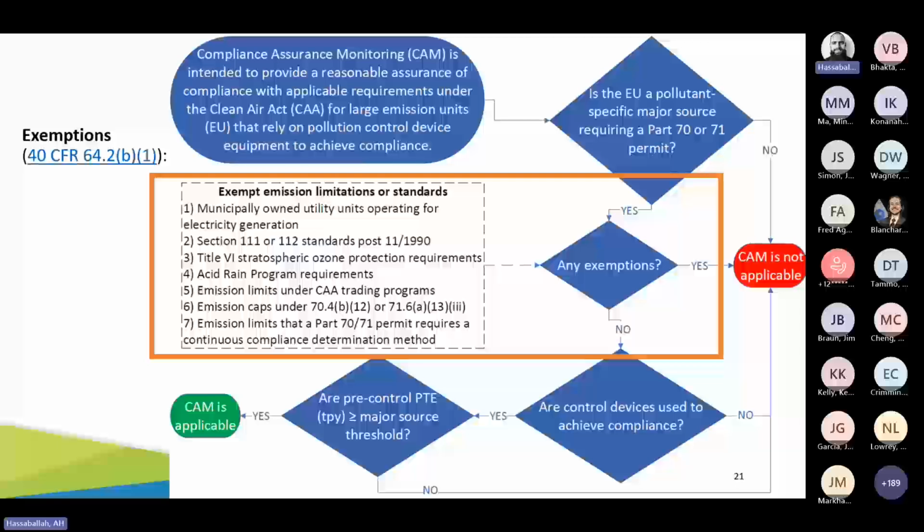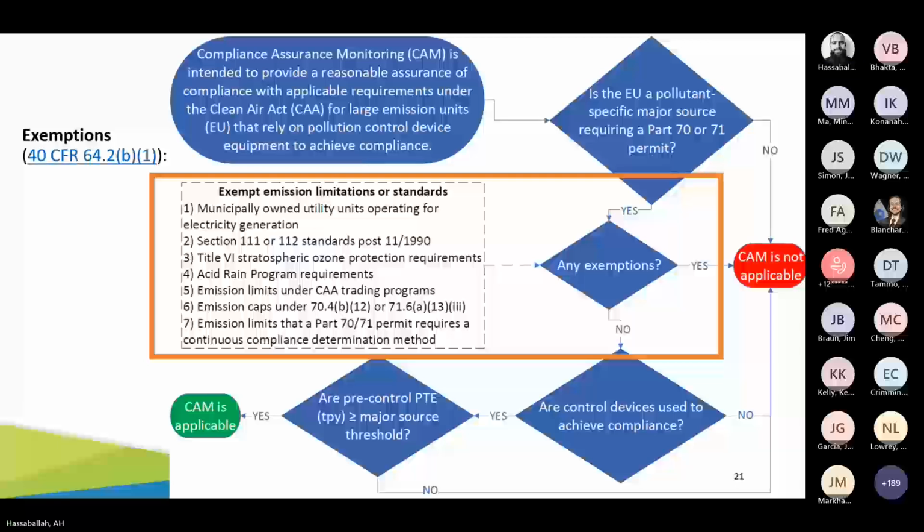Now, this is somewhat of a rare case. There may be one or two such rules that have been identified, but the commonality is that the added provisions that were amended include testing, monitoring, recordkeeping and reporting requirements of the alternative control, and therefore making it satisfactory for CAM.